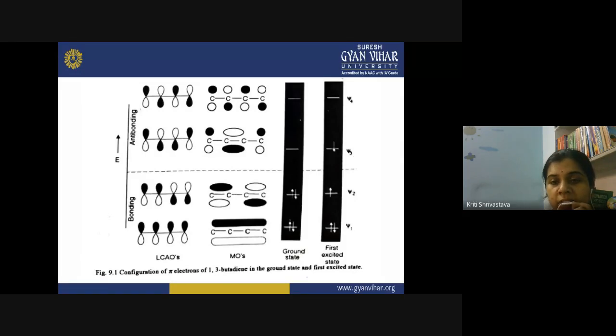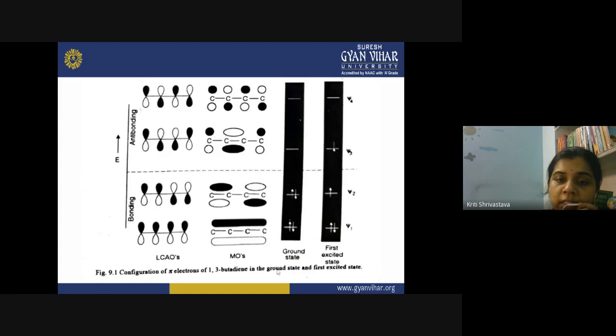So HOMO is changed. Psi 3 is my HOMO in the excited state because it has one electron, right? This is the highest occupied molecular orbital. And which one is LUMO? Psi 4. Psi 4 is the lowest unoccupied molecular orbital when my molecule is in the first excited state.